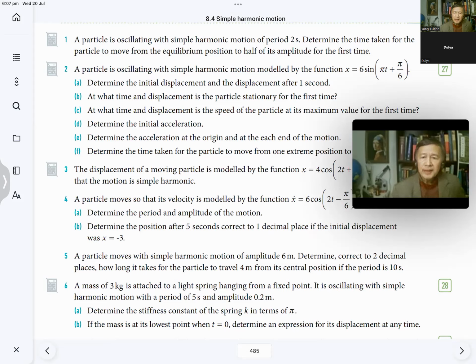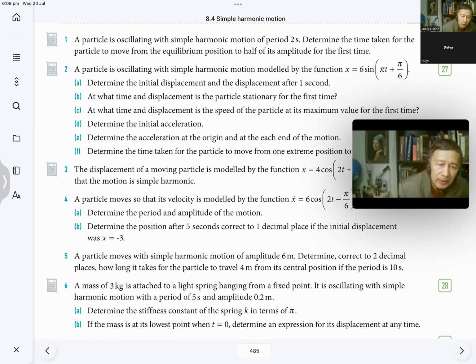It depends on what they ask. If they just ask for the displacement, we can use the formula directly because x represents the displacement. Can you follow me? The function x represents the displacement. So for the first two questions, you don't have to take a derivative.